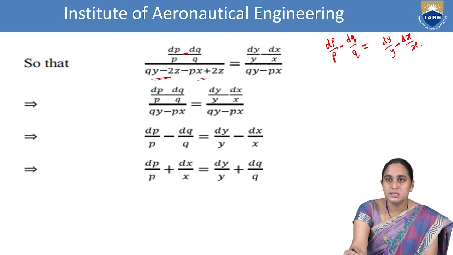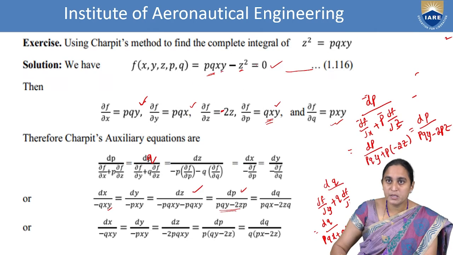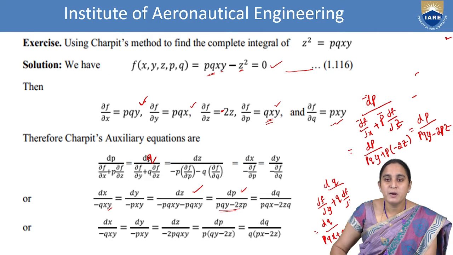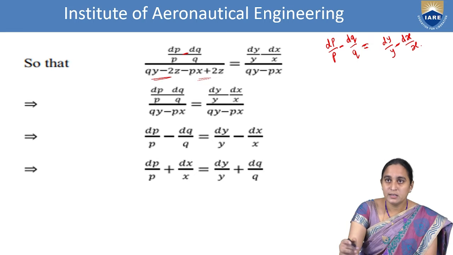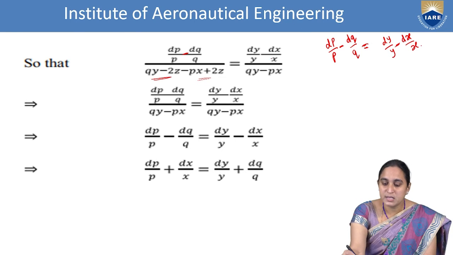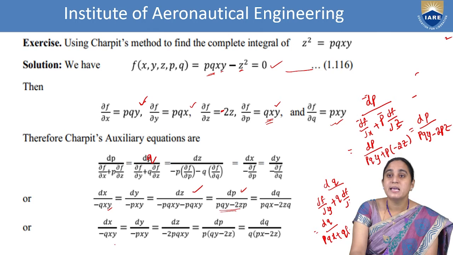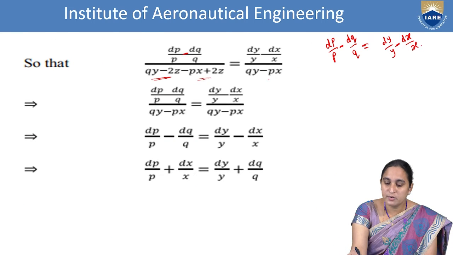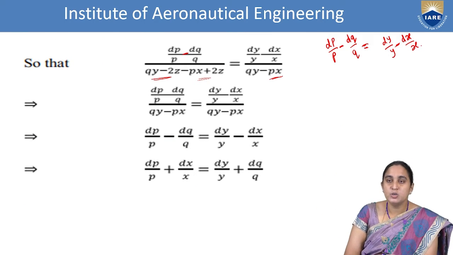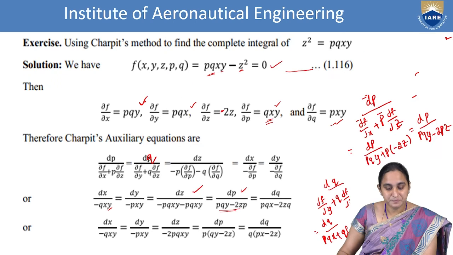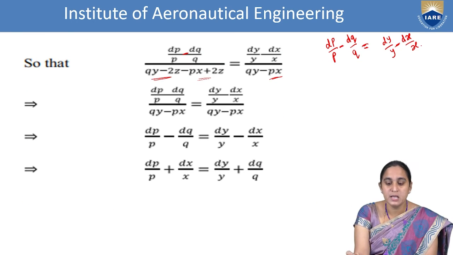On the RHS, dy is divided by y. What is dy from the auxiliary equation? dy by minus pxy. Dividing by y, y is cancelled, so we got qy. Minus dx divided by x: x is cancelled, so we got minus px. That is the qy minus px form.